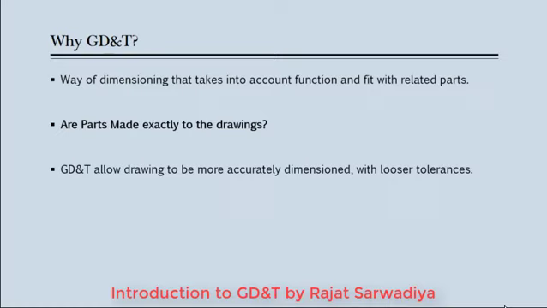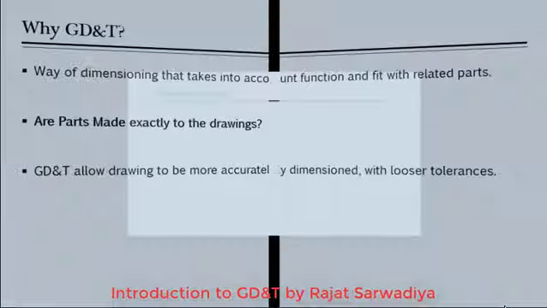And then finally come the advantages of GD&T. Why industries adopted it, and what exactly they are getting out of it. The most important advantage of GD&T is that it is a standardized methodology and international system. It is universally accepted and understood.